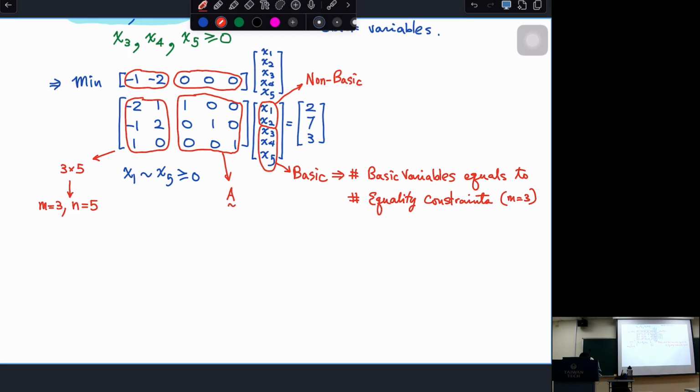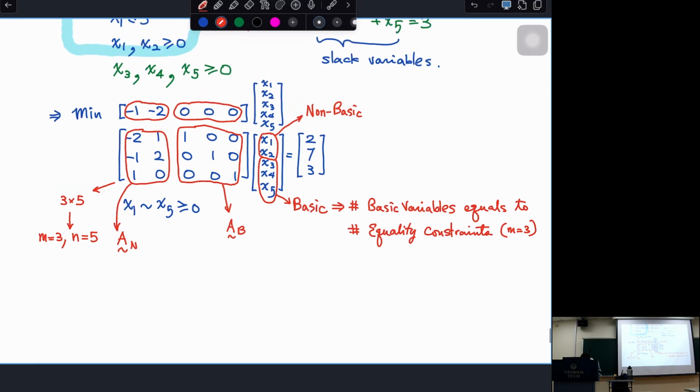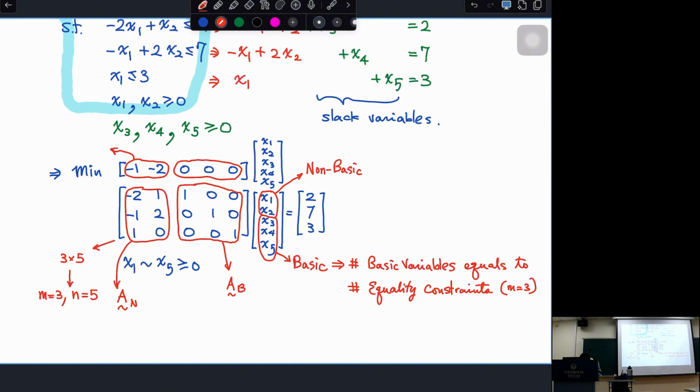And here would be the A matrix, but the non-basic part. And right here, this would be the C vector, non-basic part, and this would be the C vector, basic part. But please be aware, when we write the objective function in this particular form, the C vector is supposed to be a vertical vector, but we actually transpose it. So don't forget about the transpose sign. T represents transpose.